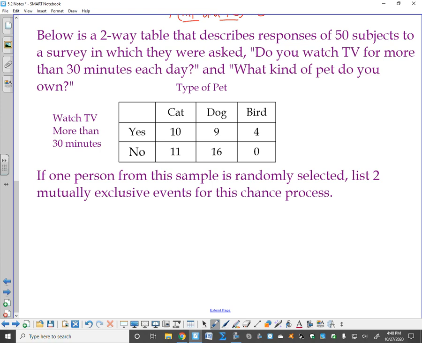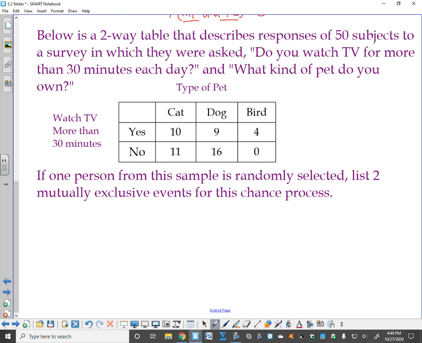I have watch TV for more than 30 minutes a day. My responses are yes or no. What type of pet you have? It was either a cat, a dog, or a bird. If one person from this sample is randomly selected, list 2 mutually exclusive events for this chance process. Mutually exclusive means they cannot happen together.